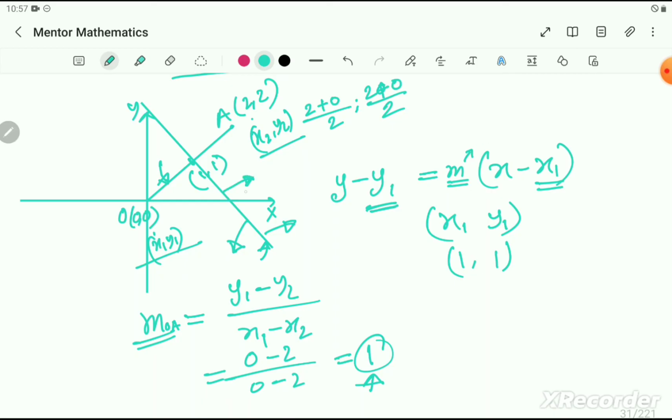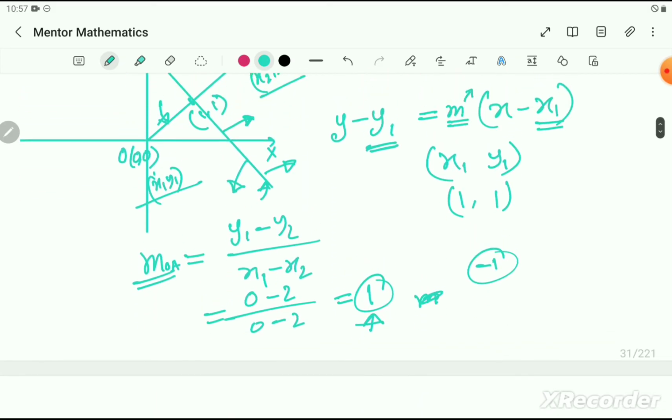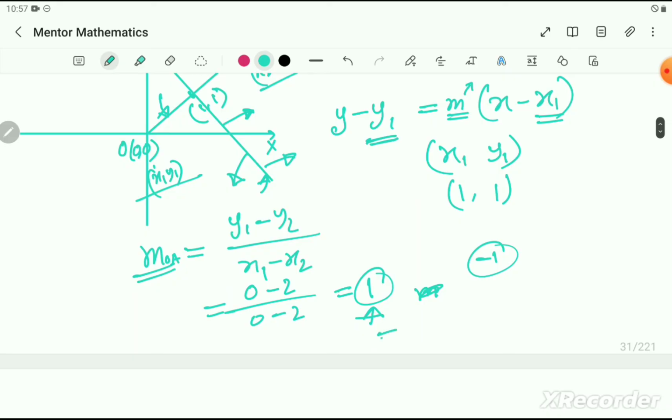As this line is perpendicular to OA, the slope is simply negative 1. Okay, and this is the basic formula, maybe you can study it from your books. Now we can write y minus 1 equals minus 1 times (x minus 1).